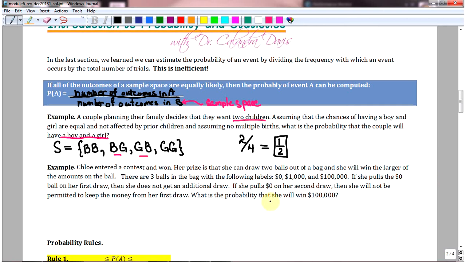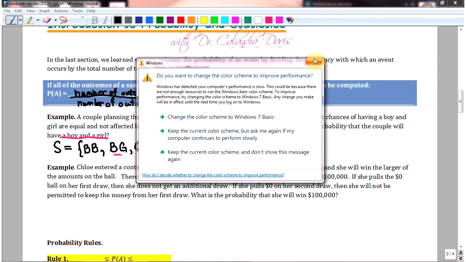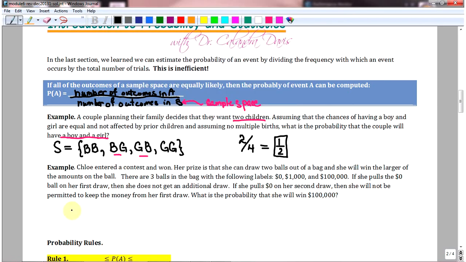If she pulls the $0 ball on her first draw, then she does not get an additional draw. If she pulls $0 on her second draw, then she will not be permitted to keep the money from her first draw. So we do not want to get the zero ball. What is the probability that she will win $100,000?